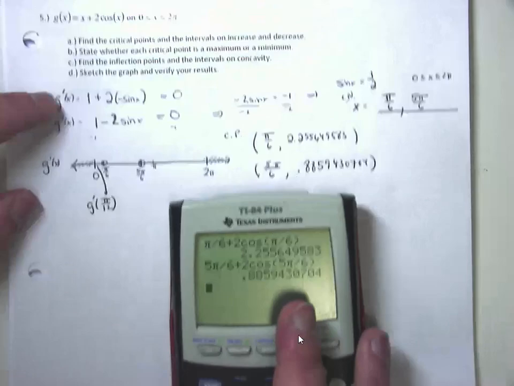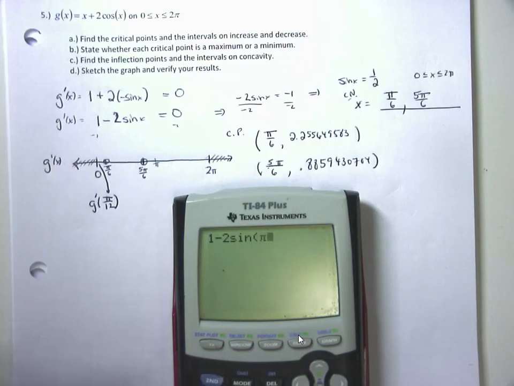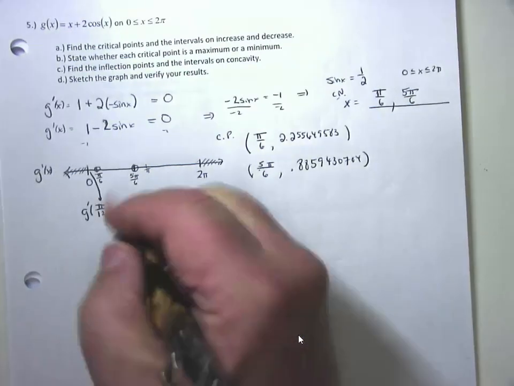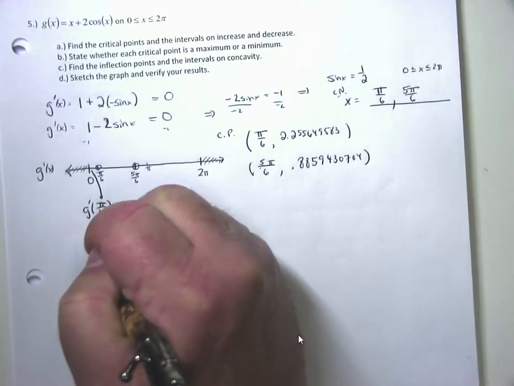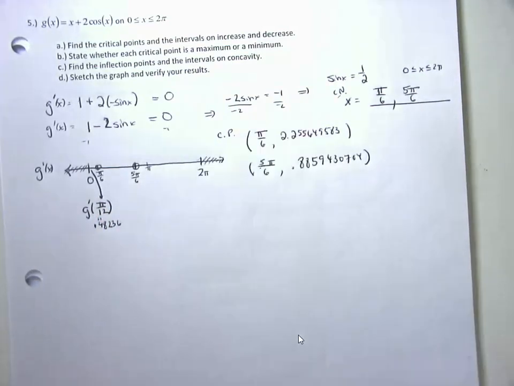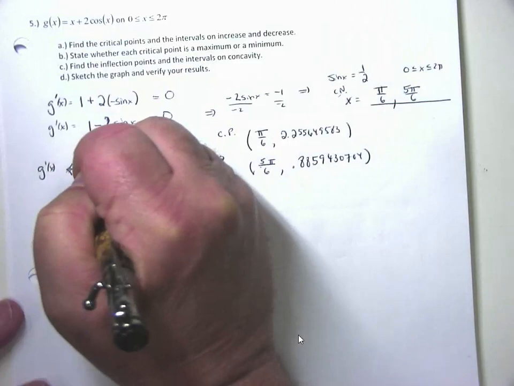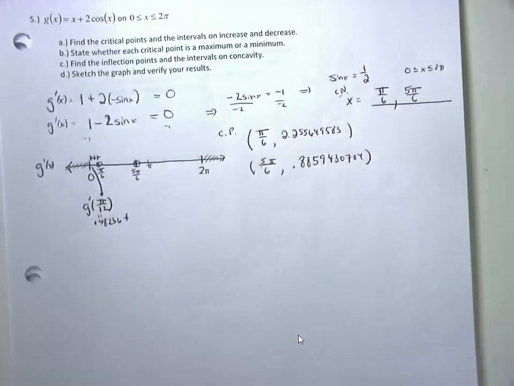So plug it into your derivative: 1 minus 2 times the sine of pi divided by 12. I get 0.48236, whatever. I don't care what the number is. What's the sign of it? It's positive, so everybody in this interval is going to be positive. It's a very short little interval there.